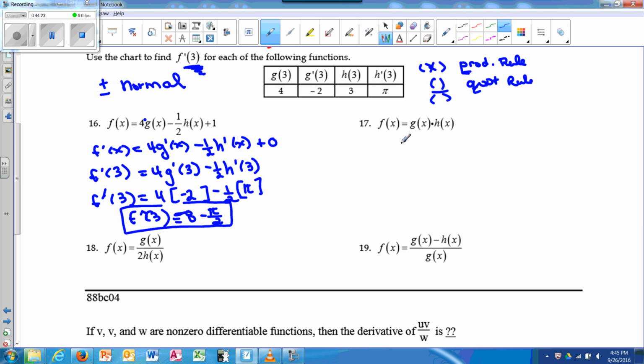Then we can substitute in the 3, and then we can go and get values from the table for g prime of 3, which is negative 2, and h prime of 3, which is pi. So we have negative 8 minus pi over 2 is f prime of 3 for this problem.